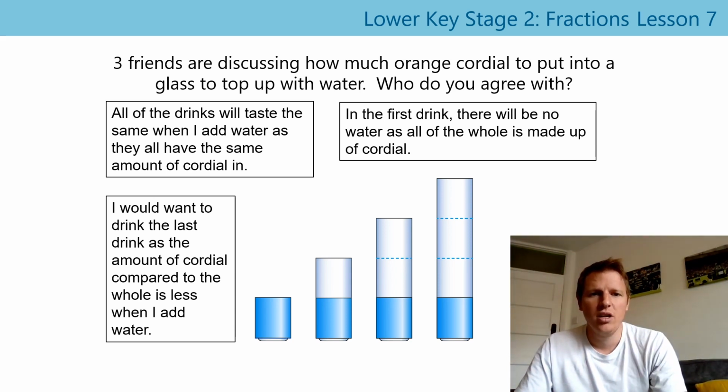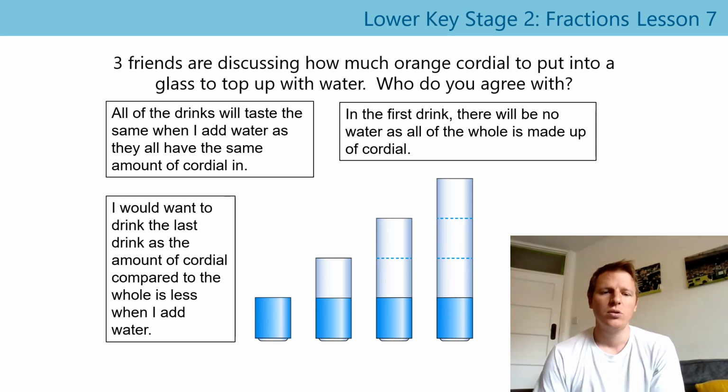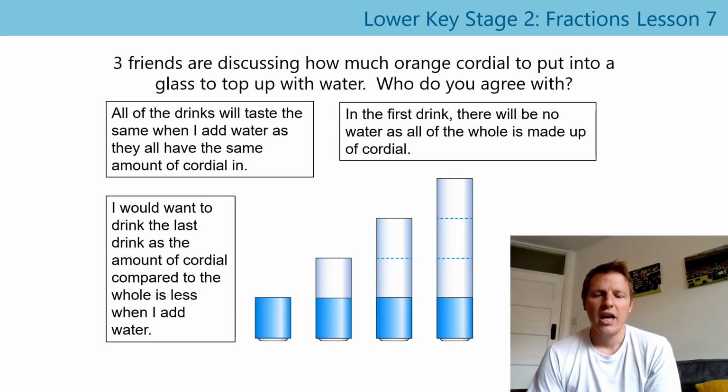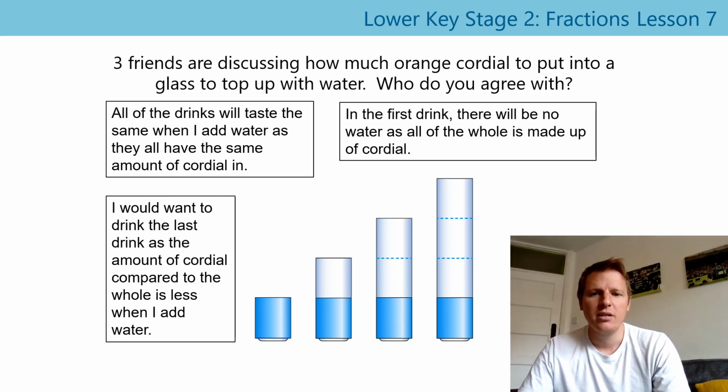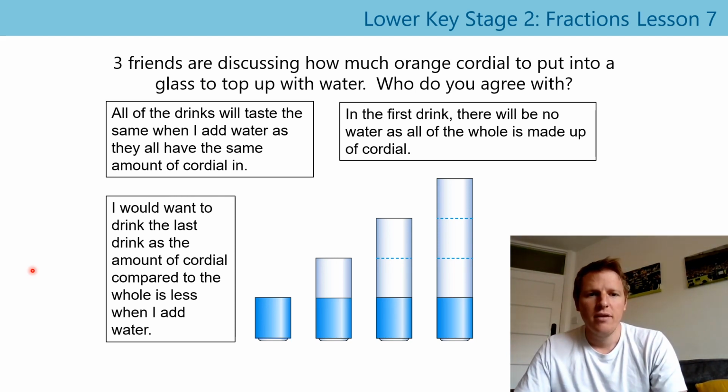Let's look at the third child. I would want to drink the last drink, as the amount of cordial compared to the whole is less when I add water. Now, you might agree or disagree whether you'd like to drink that one, but let's see if the mathematical part is true. The amount of cordial compared to the whole is less when I add water.